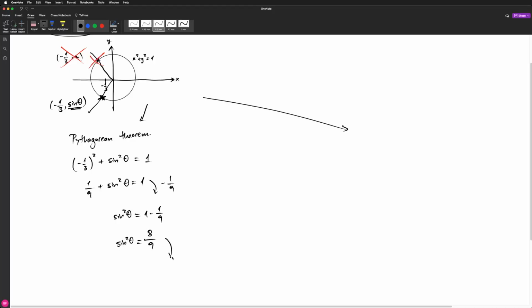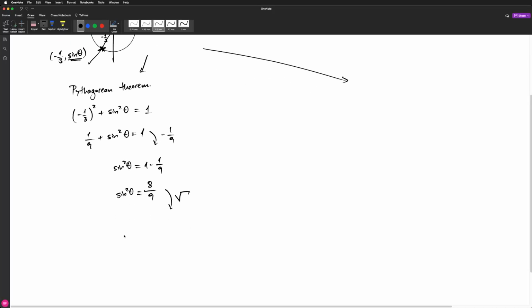And when I take the square root, you have to be a little careful. Sine theta is going to be plus or minus square root of 8/9, or plus or minus square root of 8 over square root of 9. And square root of 9 is 3. And square root of 8, I can take that 4 out, so it's nothing but 2√2.